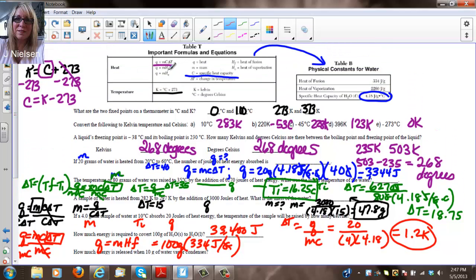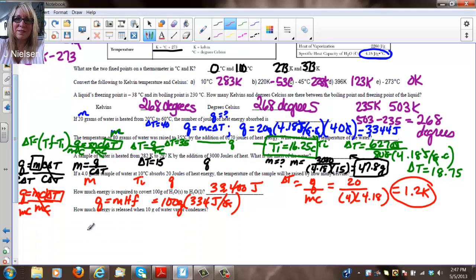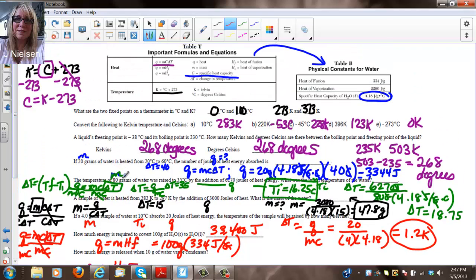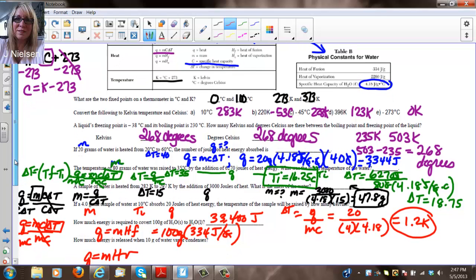And the last, how much energy is released when 10 grams of water vapor condenses. Condensing is the opposite of vaporization, which is boiling, so I'm going to be using Q equals mH sub V. Now, when water boils, it goes from a liquid to a gas. It's going uphill. That would be an endothermic process. So if I'm going from a gas to a liquid, I'm going downhill. That's an exothermic process. So I just have to remember that when I state my answer.